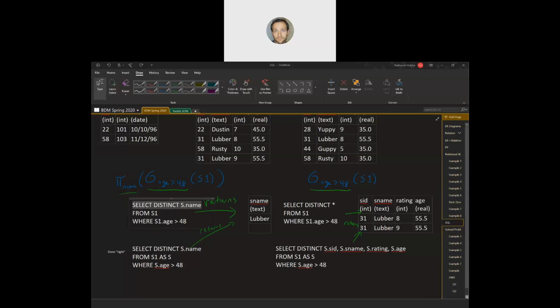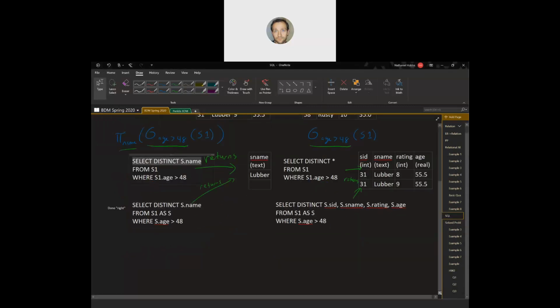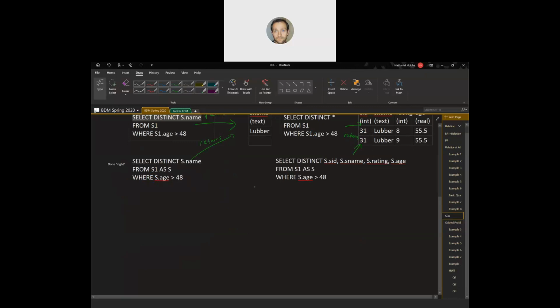So I'll end on this note and we'll pick it up from next class. All right. This corresponds to the project in relational algebra.